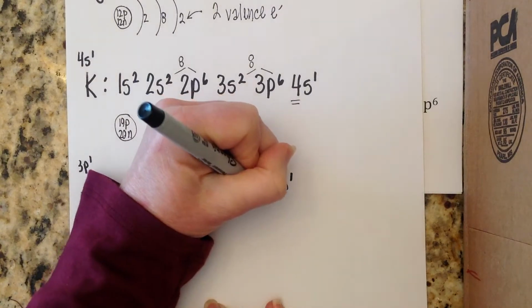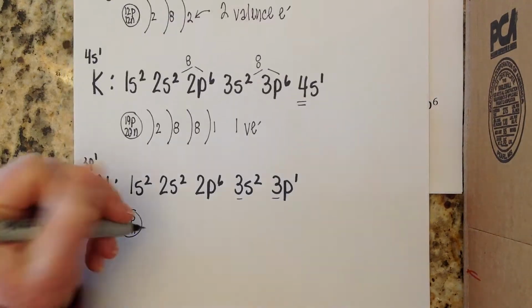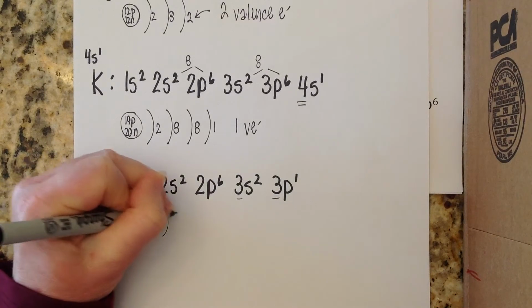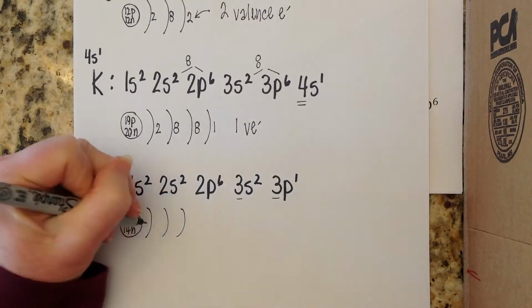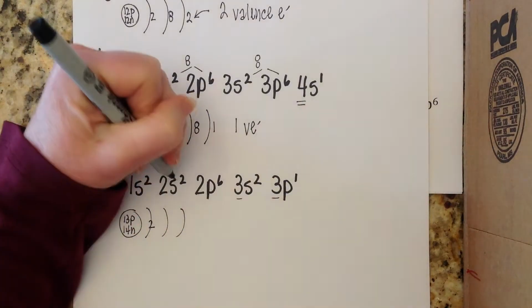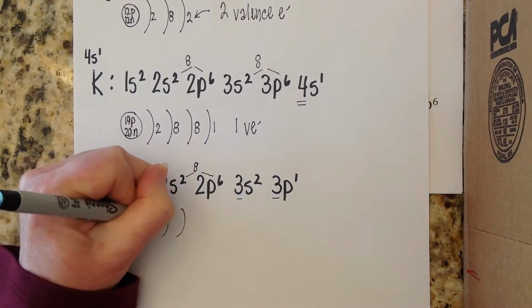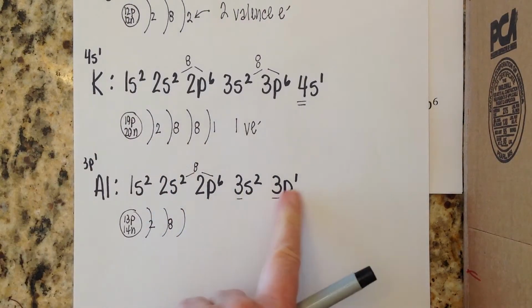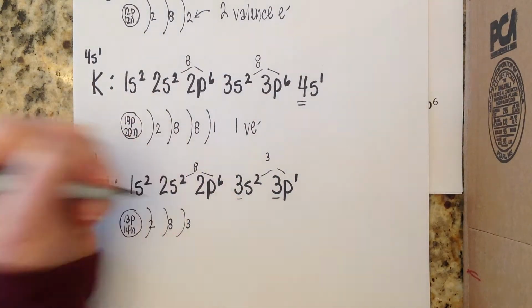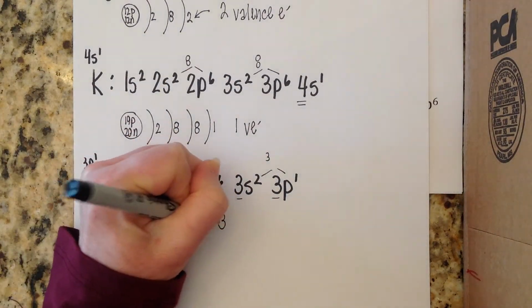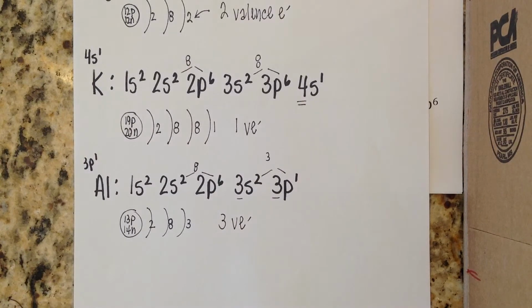We have 3 levels of electrons because 3 is the highest row number represented. So 1, 2, 3. There are 2 electrons on level 1, 2 plus 6, 8 total electrons on level 2, and 3 plus 1, 3 electrons on level 3. So aluminum has 3 valence electrons.